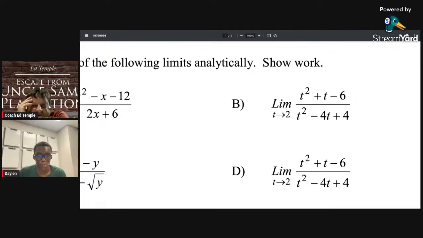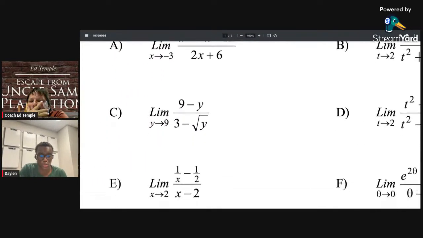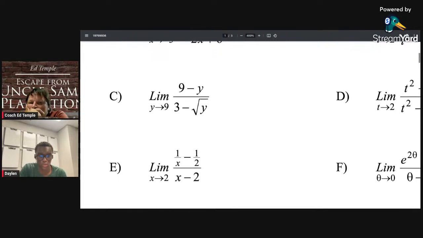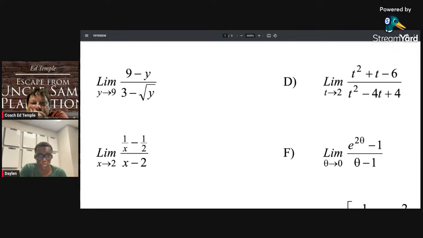Okay, so let's see if we can find one that's challenging. Let's scroll that over. These are getting much more interesting.